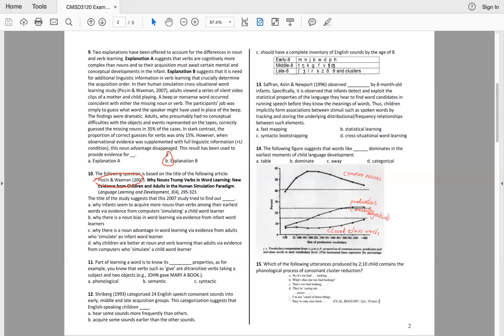That's to say, these adults are able to guess the verbs as accurately as nouns, even though they only hear the beep sound.